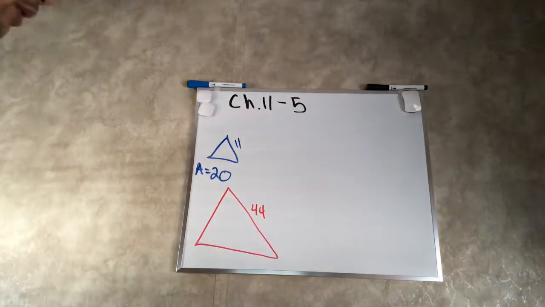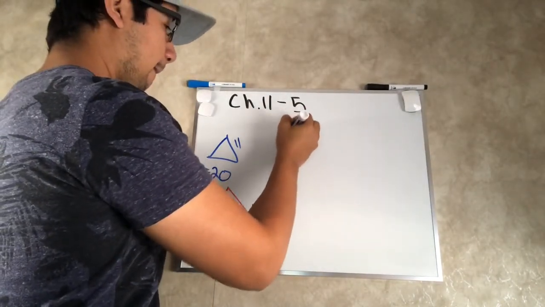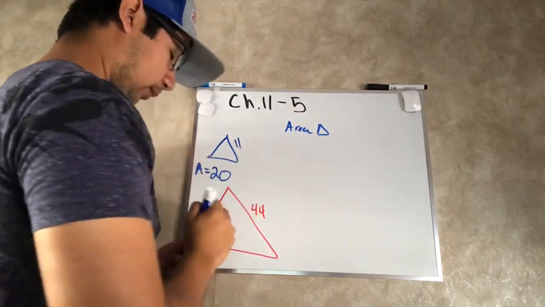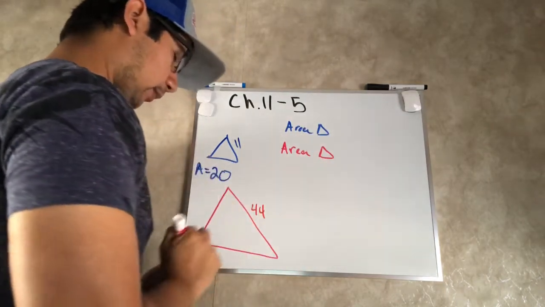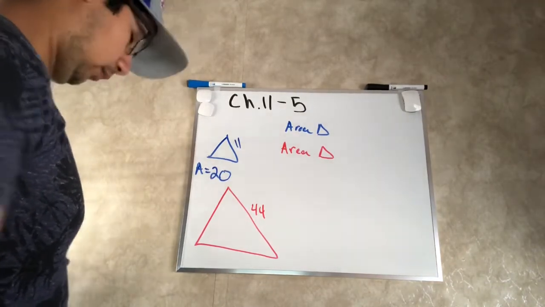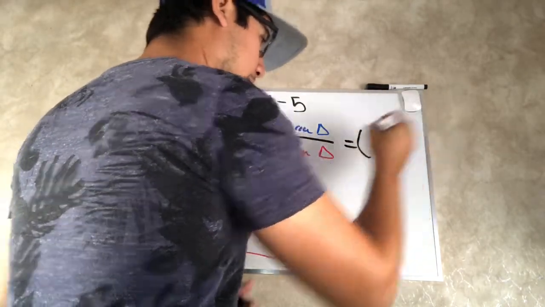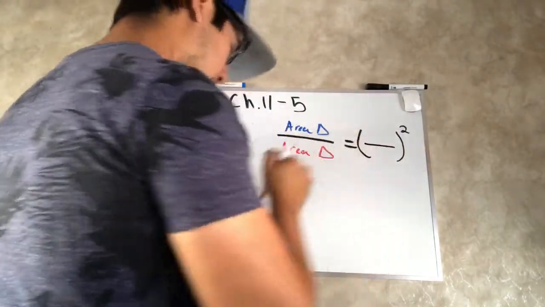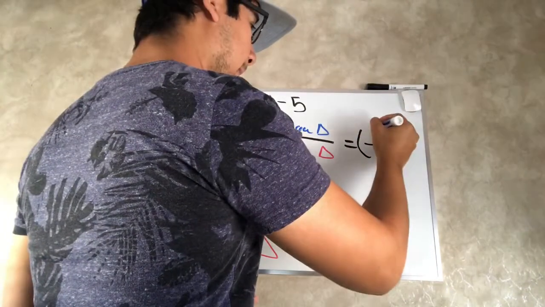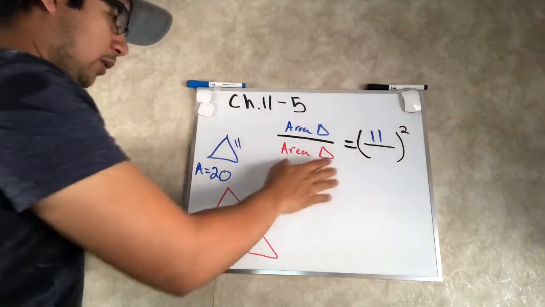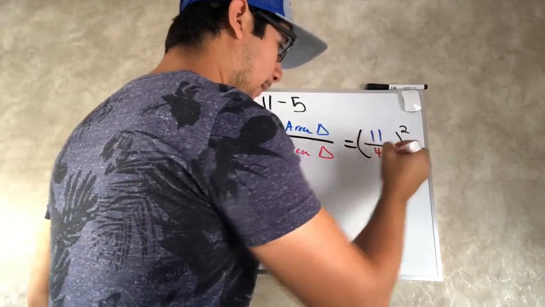Now we are going to use the formula that I told you guys. So we have the area of the blue triangle over the area of the red triangle is equal to one of the sides of the blue triangle, this side right here, which is 11, over one of the sides of this red triangle, which is 44.